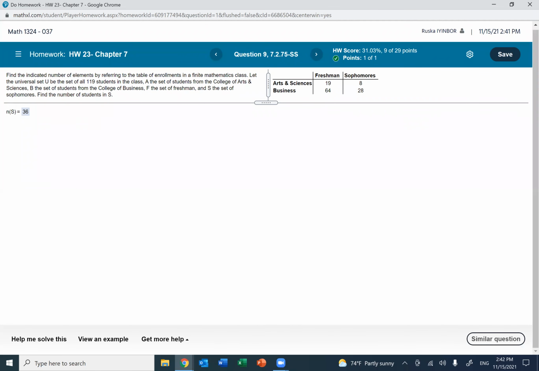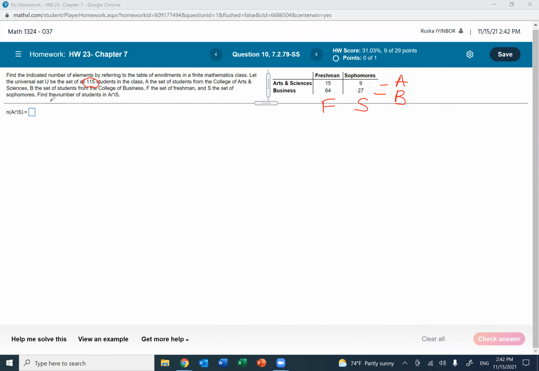And then you go into the next question, number 10. Here we have something similar again, but they're asking a different question. Find the indicated element. Here you have 115 students as the total number. A is the set of College of Art and Science. So this is A. This is B, business. We have freshman and sophomore again, right?